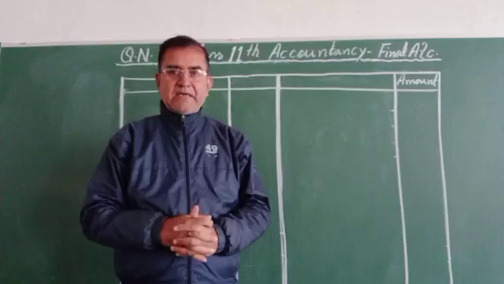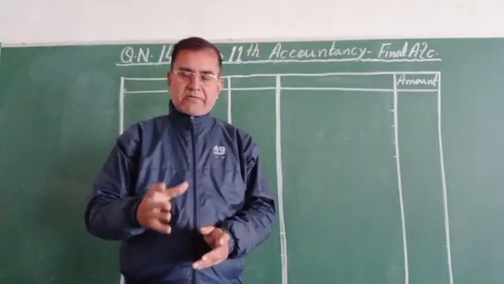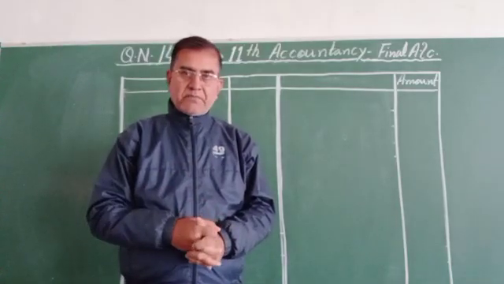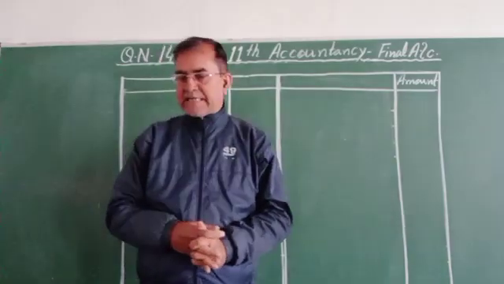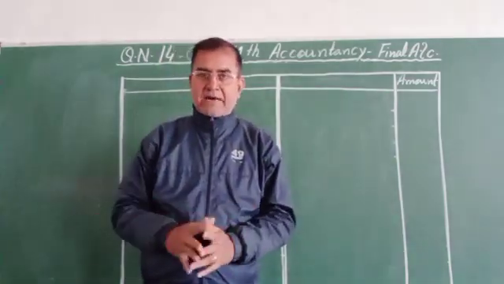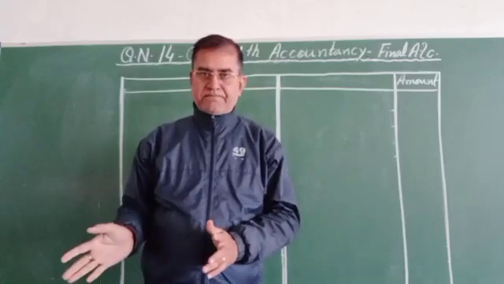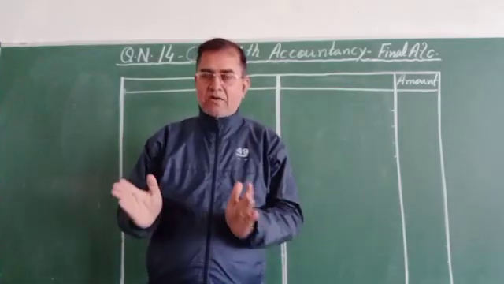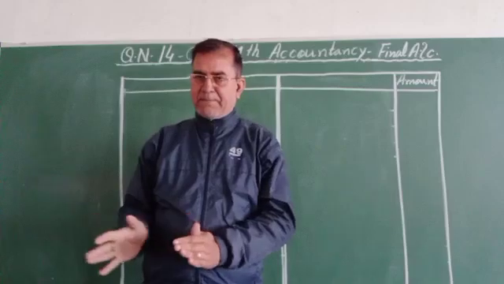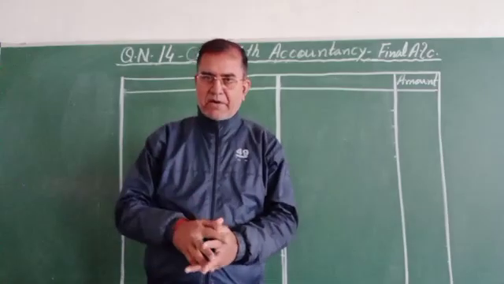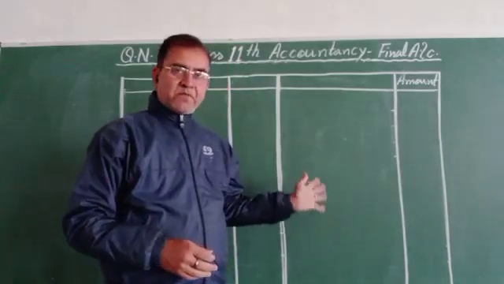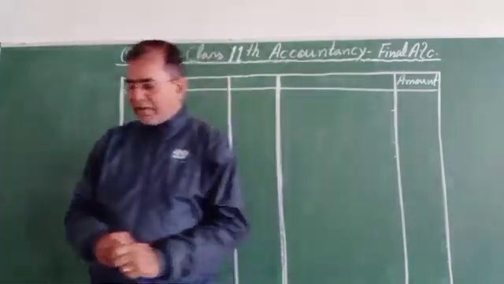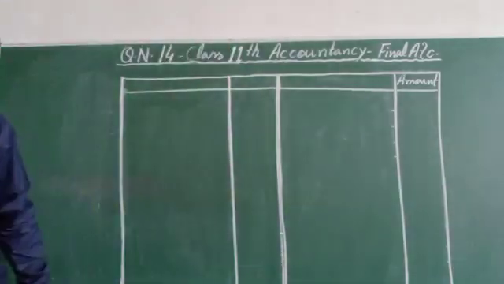So dear children, in the sequence of the videos, now the balance sheet. How will the balance sheet of question number 14 be prepared? Now you can see the steps involved in preparing the balance sheet.